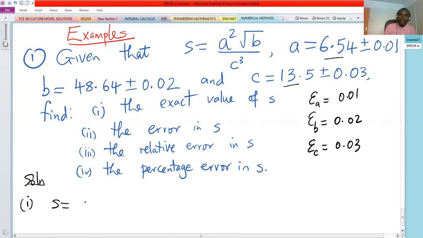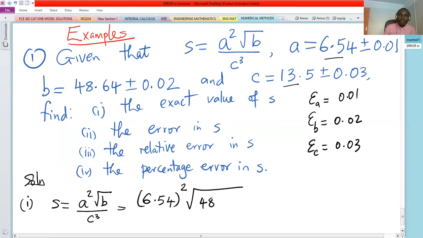So therefore, the first part, solution, S, which is given by A squared square root of B over C cubed, is simply given by, where there's A, we put 6.54 and then square. Square root of B is 48.64. And then C is 13.5 raised power 3. And then you put these values in your calculator.